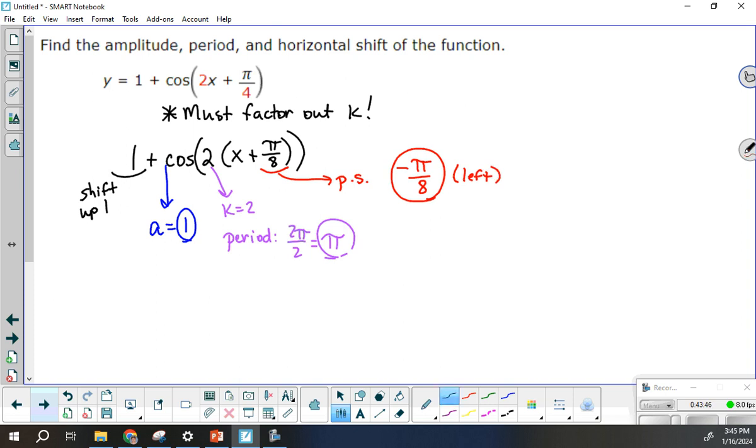Again, I want to reiterate, this is like x minus a negative pi over 8. So the phase shift is actually negative pi over 8 because you are going left.